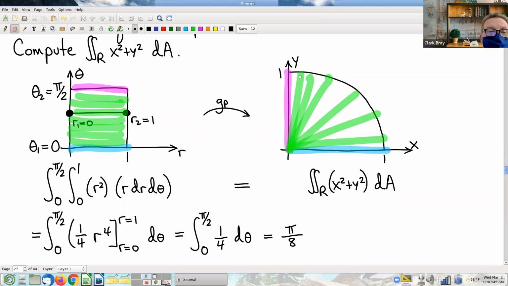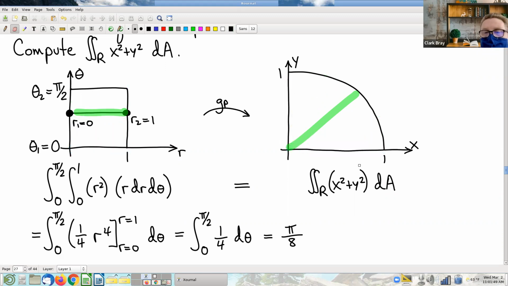And then on a particular theta slice, you can think of R as starting there and going over to there, but I can see that over here too. R starting at 0 and then moving out to whatever that edge is. Okay, I can see it right there.